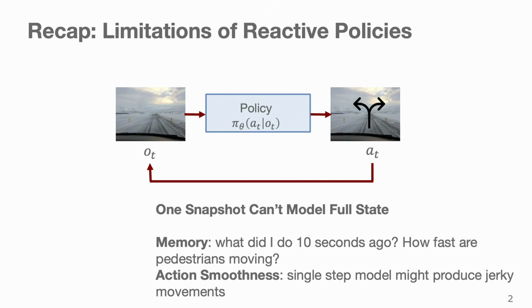There's also another issue of action smoothness. Our one-step prediction models so far usually have been predicting just a single action for the next time step. In the real world, this can often lead to jerky, non-smooth trajectories, because every decision is different, and so you can get this kind of jerky, oscillating behavior sometimes.